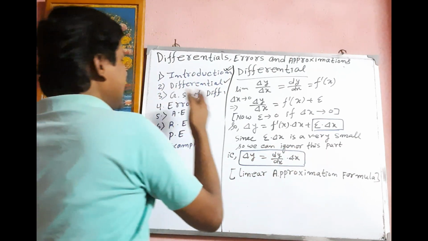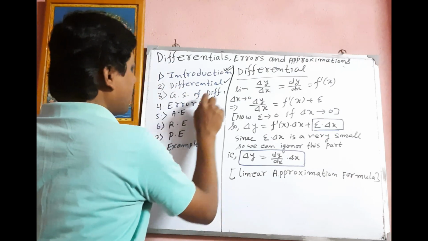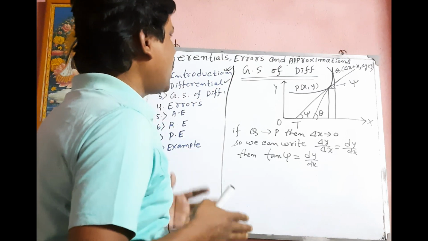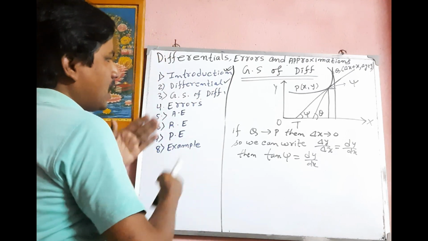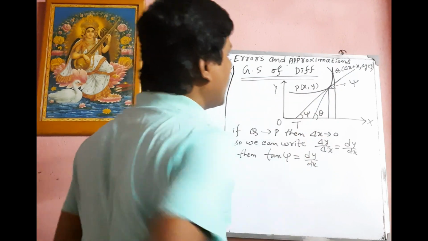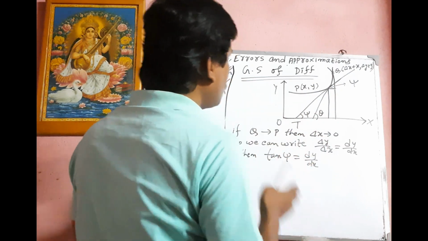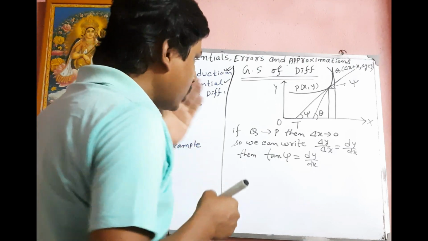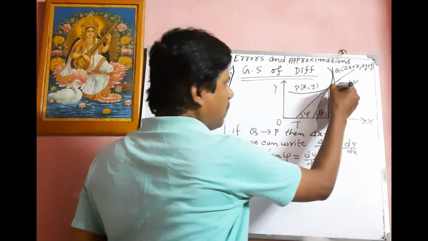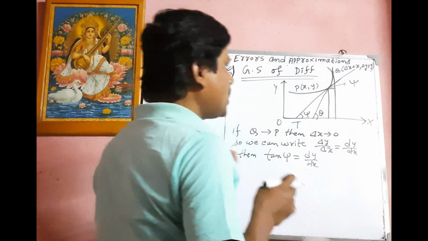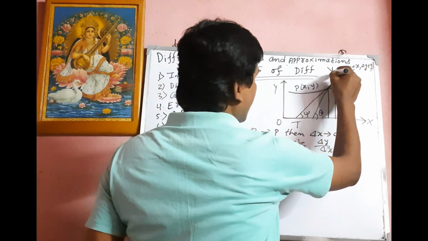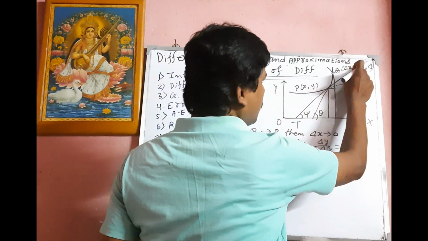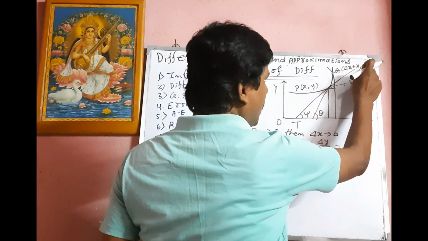Okay, we move to the next, that is the geometrical significance of the differential. Here we are giving a simple diagram to understand this section better. According to the diagram, there is a point P whose coordinates are (x, y), and the other point is Q, whose coordinates are (x plus delta x, y plus delta y).